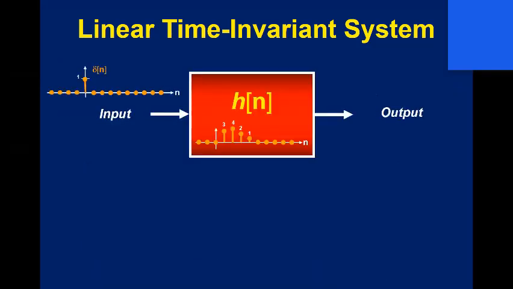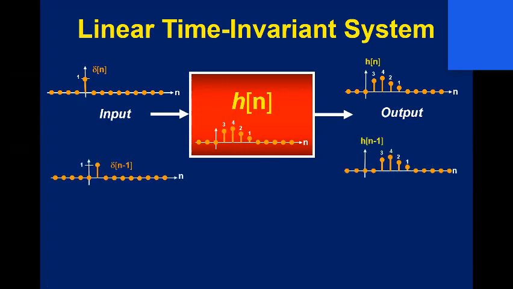So the idea is, if we put a unit sample sequence into our linear time invariant system, whatever comes out, we'll call the unit sample response h of n. And we know, because it's a linear system and a shift invariant system, that if we delay that unit sample by 1 or 2 or 3 samples, the unit sample response is delayed by the same amount of time. That's the property of shift invariance.